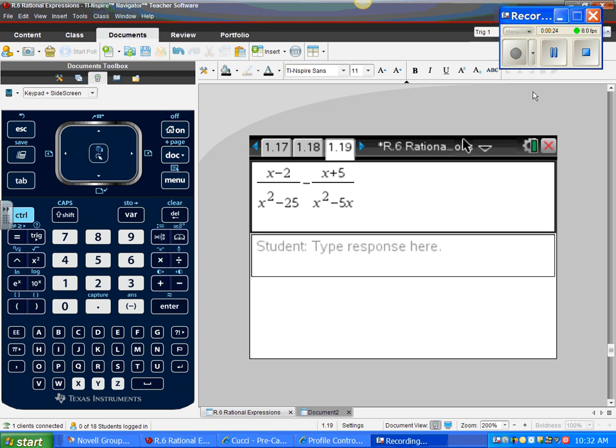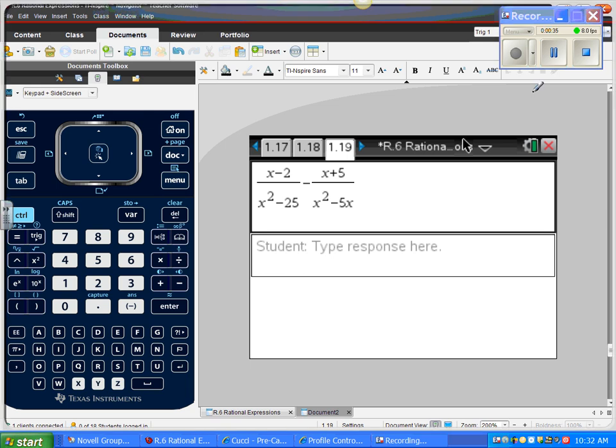Now we remember that when we subtract or add rational expressions, we have to have a common denominator. So that's always how we start, by finding a common denominator. How we do that, again, is we factor the denominators we have. x plus 5, x minus 5, and then over here, x minus 5. So finding the LCD, you have to take one of each.